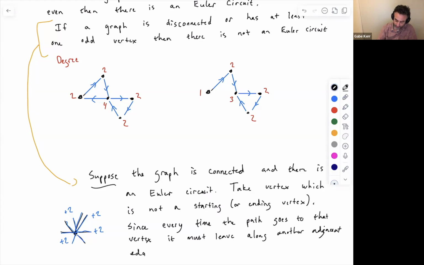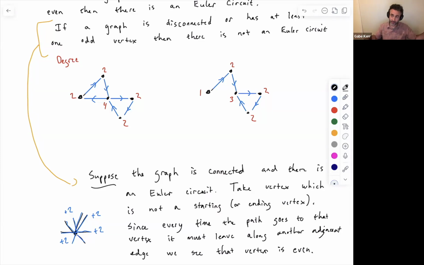We see that the degree of that vertex is even, which means that the vertex is even. So that's what happens if it's not the beginning or the end.